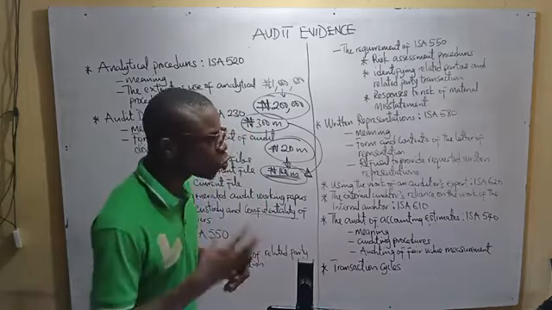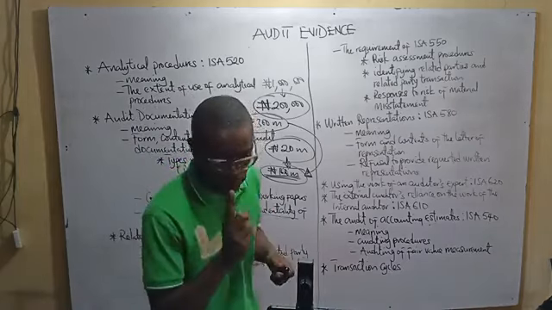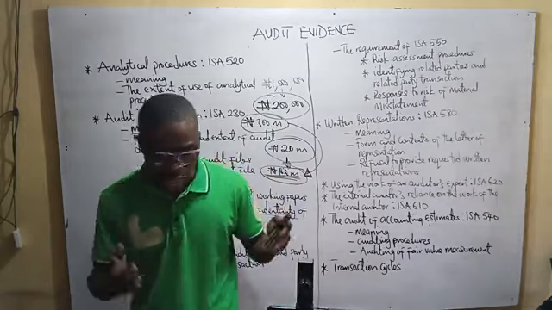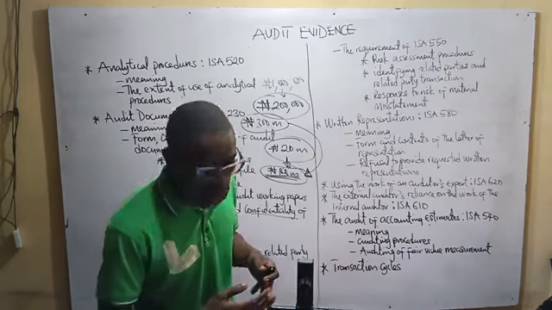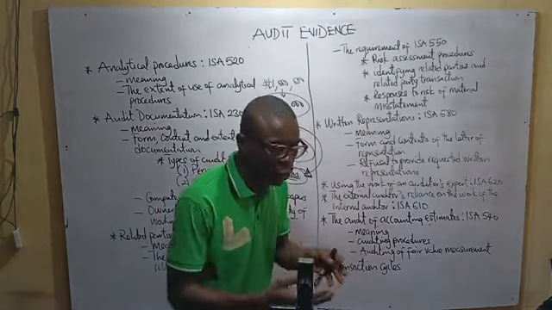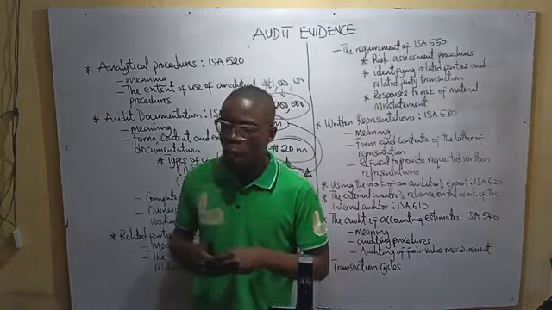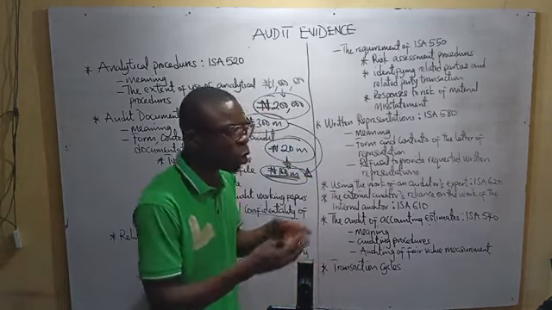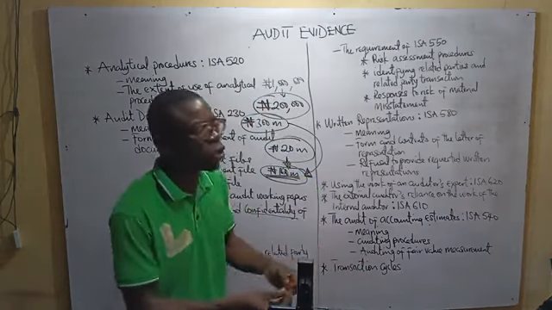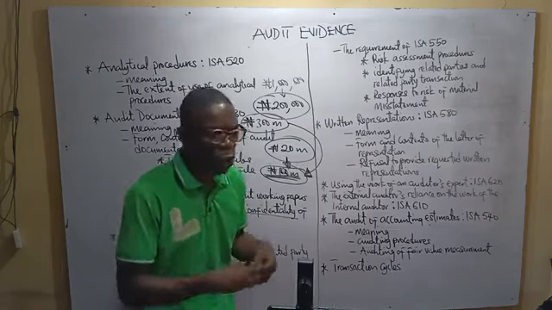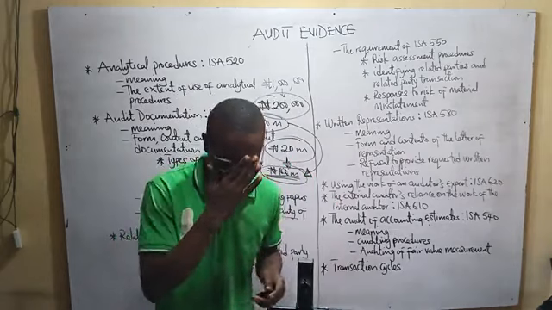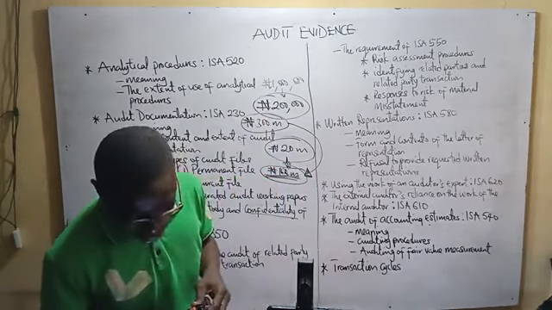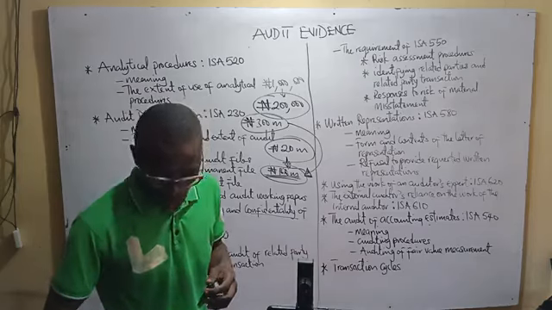Now, the auditor will also look at the nature of the estimate. Is it a liability? Is it an asset? What is the possibility that we have a liability? What is the possibility that it will be an asset? These are the nature of the estimate that the auditor will look at.